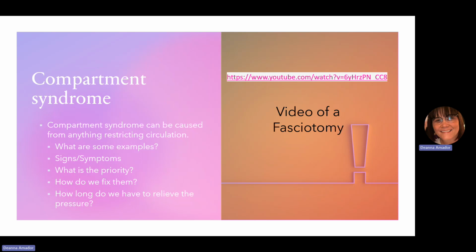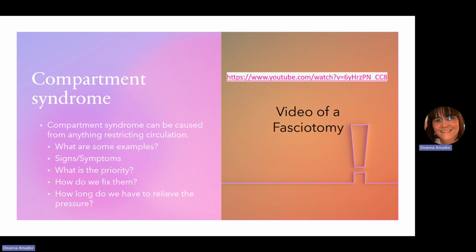There are 6 Ps for compartment syndrome, and those are the most common symptoms of compartment syndrome, the 6 Ps. So pain out of proportion to the injury, pallor, pulselessness, which is actually a late sign, and you never want that to happen because if it does, you're done.